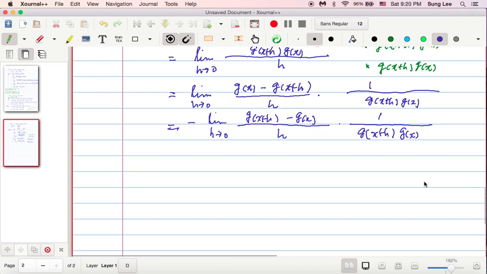Okay, so we are almost there. The limit of the first part is g prime with a negative sign, so I have negative g prime of x over, when h goes to 0, g of x plus h goes to g of x by the continuity I mentioned earlier. And so g of x times g of x is g of x squared. So we just proved the reciprocal rule, or my favorite name, baby quotient rule.